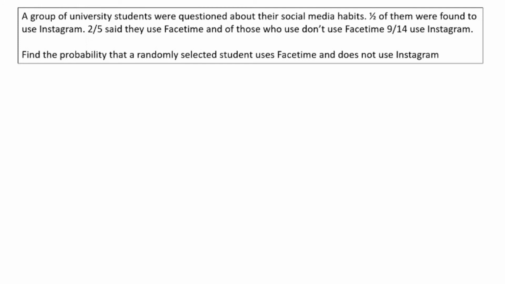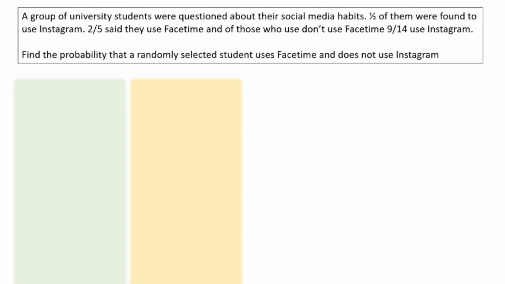Okay, so let's just be careful with all of the information that we've had so far. We're going to produce a tree diagram. Which of these events, using Instagram, using FaceTime, is going to come first? There's a phrase in this question that gives me a clue.